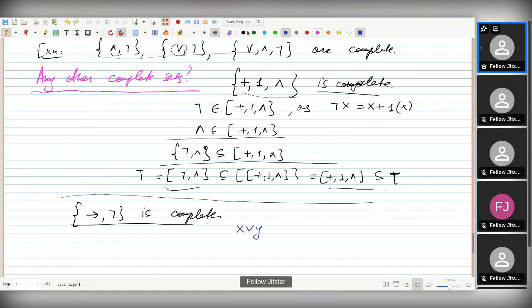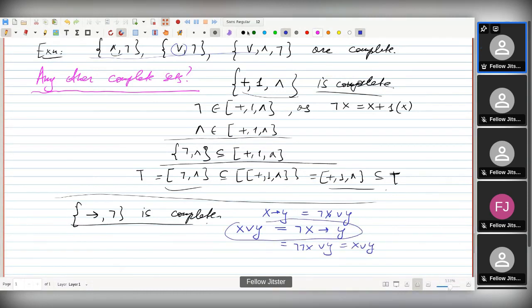X implication Y is just not X or Y. Hence, X or Y is just not X implies Y. Really, not not X or Y is X or Y. So disjunction is computable from implication and negation.